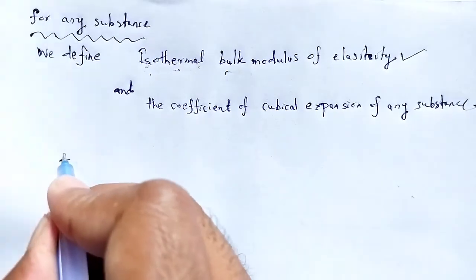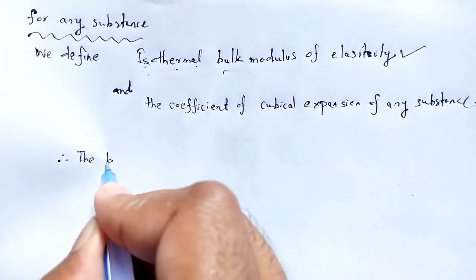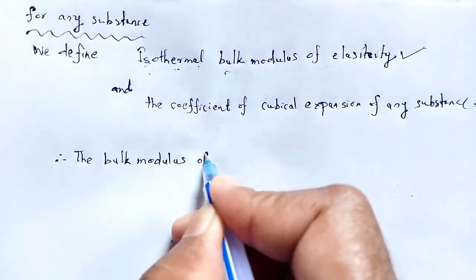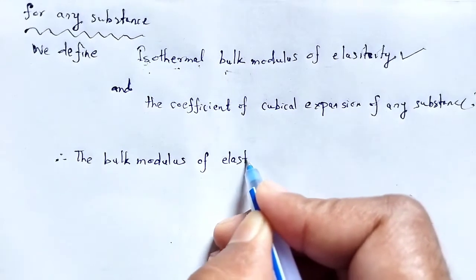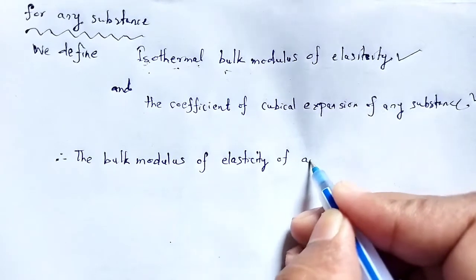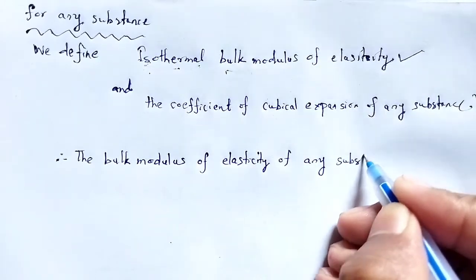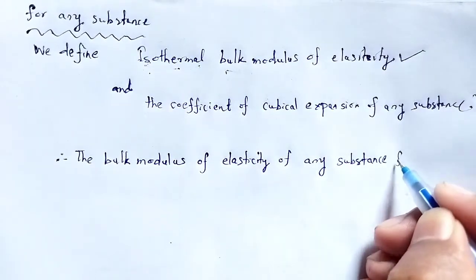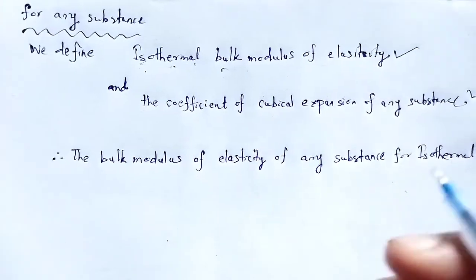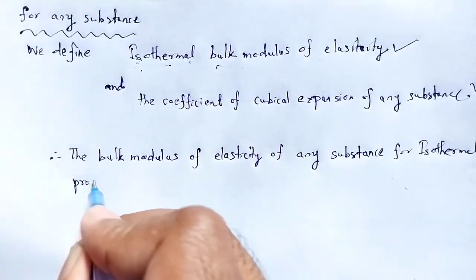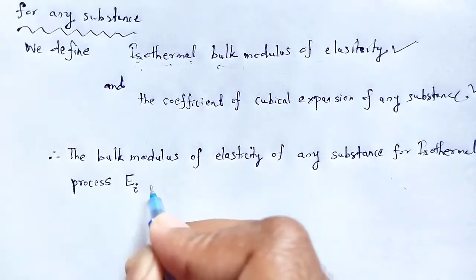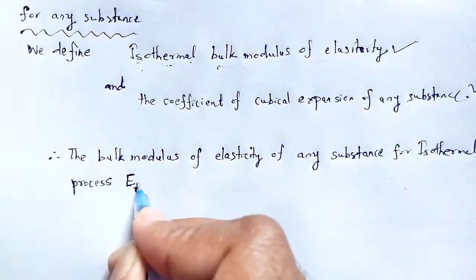So, the bulk modulus of elasticity of any substance for isothermal process, let me define E_I, bulk modulus for any substance in isothermal process.